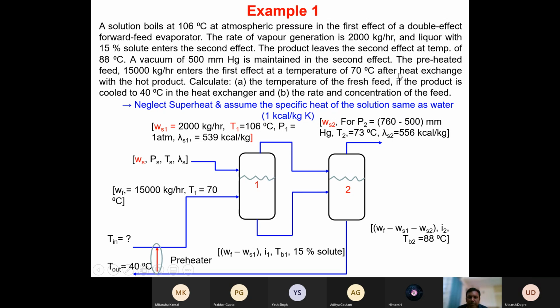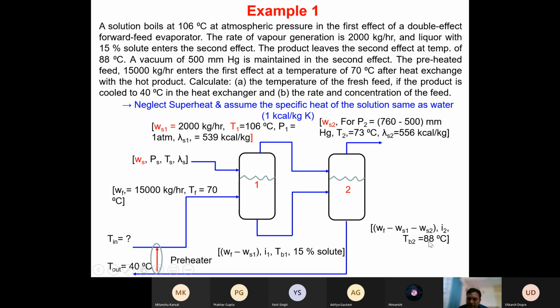Again, what is given is the preheated feed. The amount of feed entering the first effect is 15,000 kg per hour and the temperature is 70 degrees Celsius, but this is after preheating. So what is the inlet temperature of the feed before preheating? That is what the question is asking. The outlet temperature of the product is given as 40 degrees Celsius.